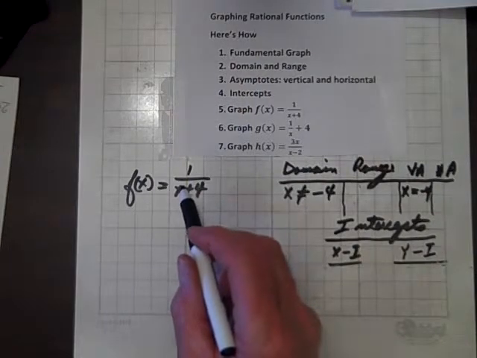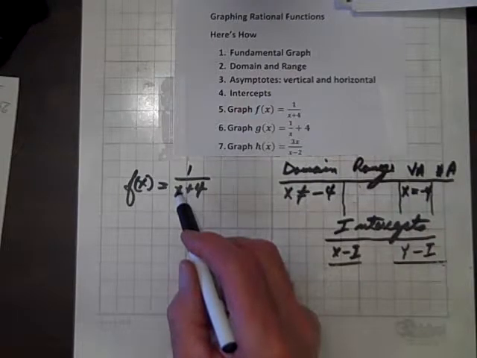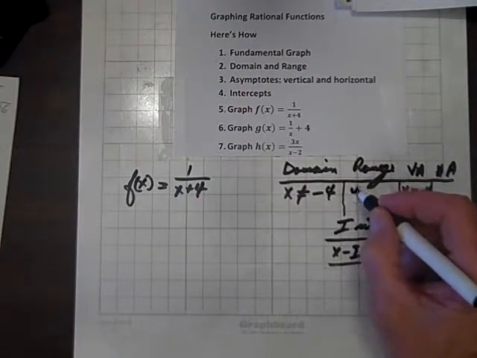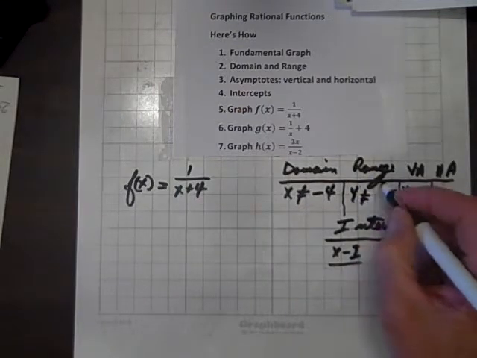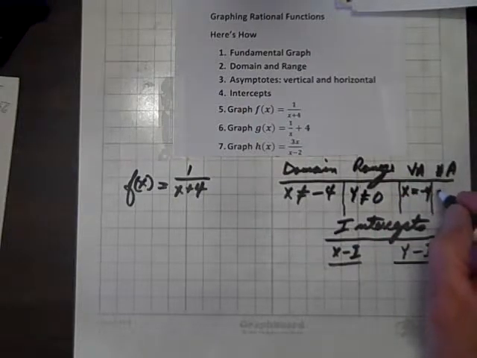Another way to consider that is this: if the degree of the numerator is less than the degree of the denominator, then the range will always be all reals but 0. y can't equal 0. And what's the horizontal asymptote? y equals 0.